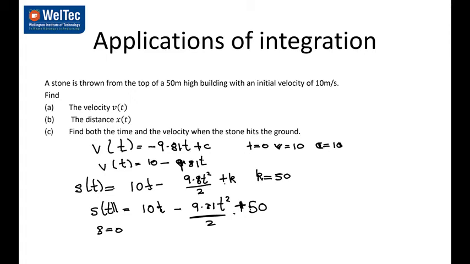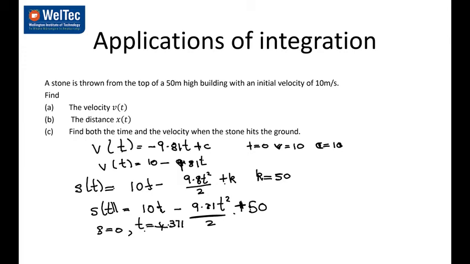If we solve it and just look for the positive answer, then t is going to be 4.371. The other answer is negative for time, and it doesn't matter. That's the time that it takes to hit the ground.